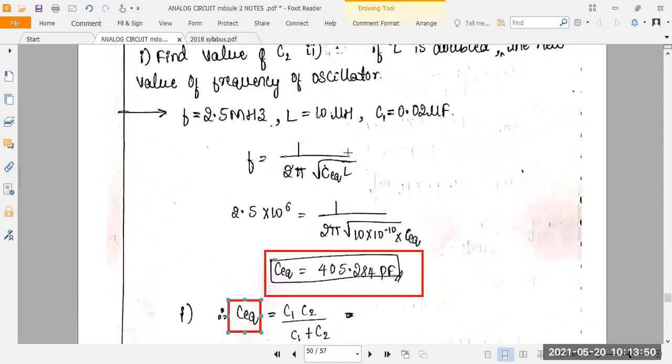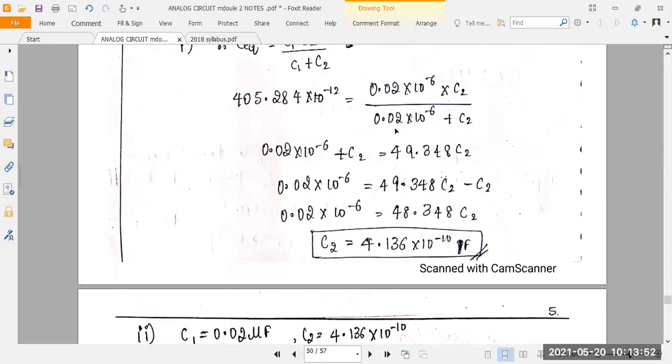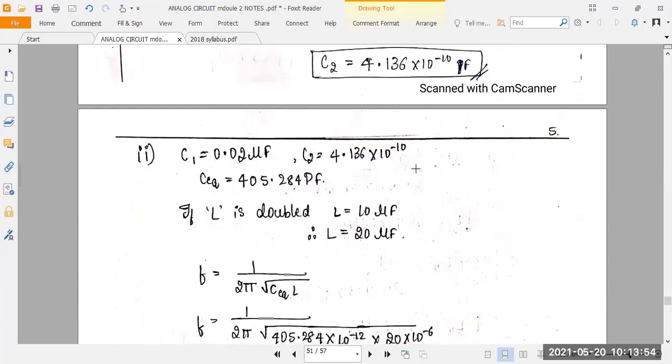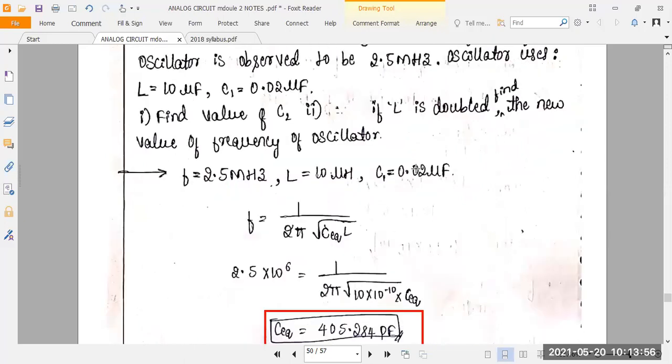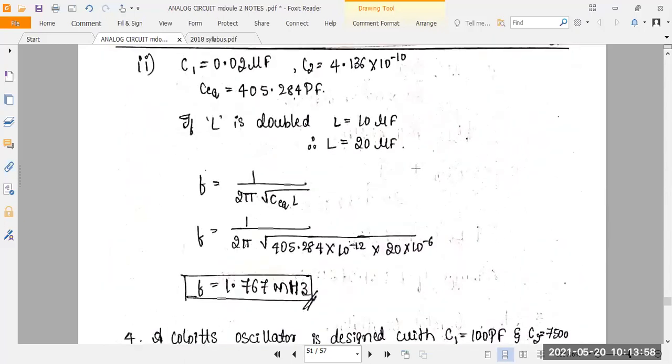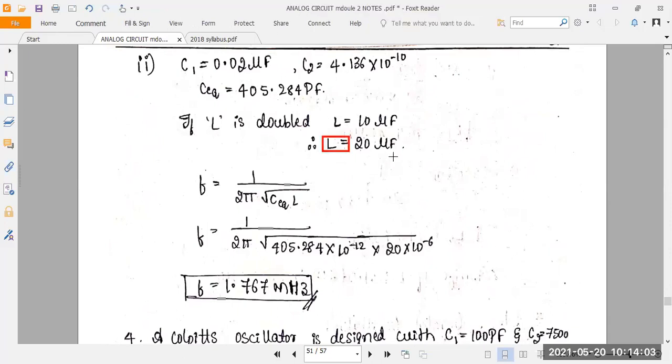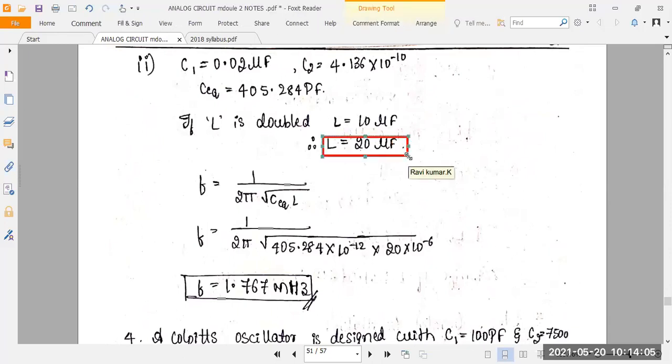Second question, what is the second question here? If L value is doubled, what is the frequency value? So L value is doubled means, what is the L value? 10 microhenry, right? So instead of 10 microhenry, you take now 20 microhenry for the L value. Same, you find out output frequency.